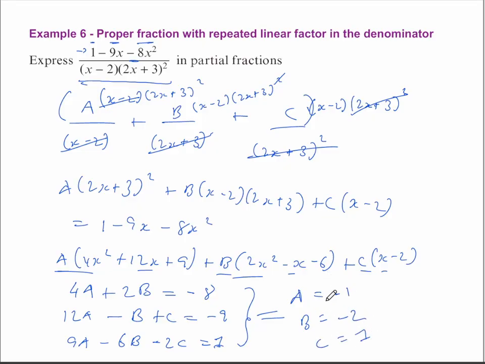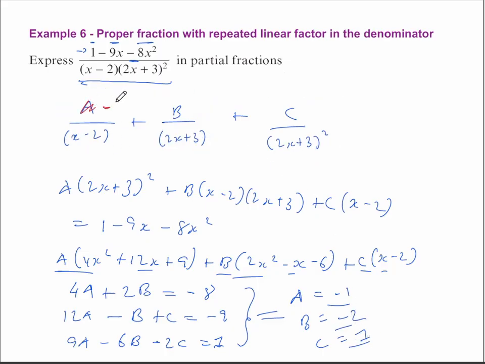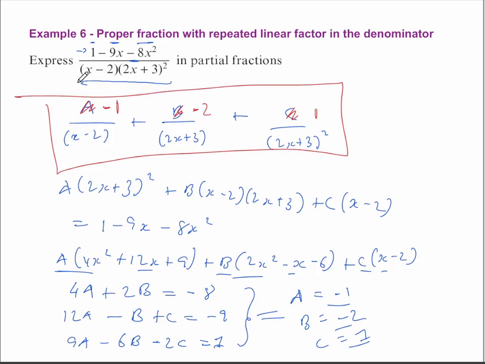Then what we can do is take these values and substitute in our original format. So here we'll have that a is -1, b is -2, and c is 1. And this is going to be our partial fraction from this original fraction that we had.